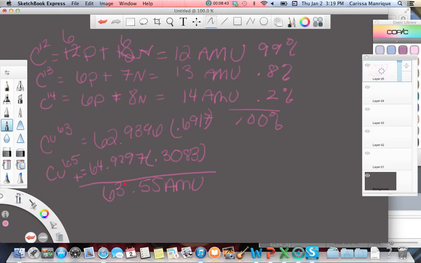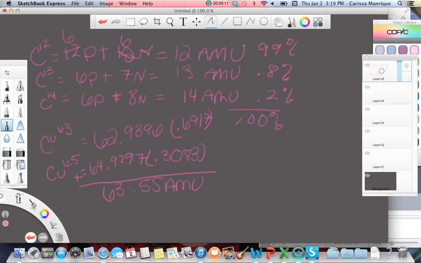Though we do have a little bit of copper 65, 30% of it actually, and that's what changes it. So the number on the periodic table is not 63. It's actually 63.55 because on this Earth, 30% of the copper is copper 65, which weighs 65 because it has two additional neutrons. Okay? So that's how you do it.